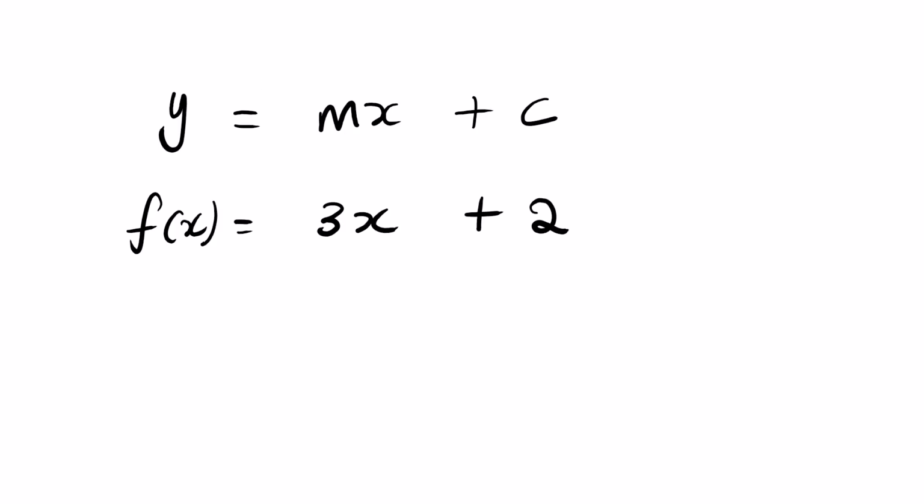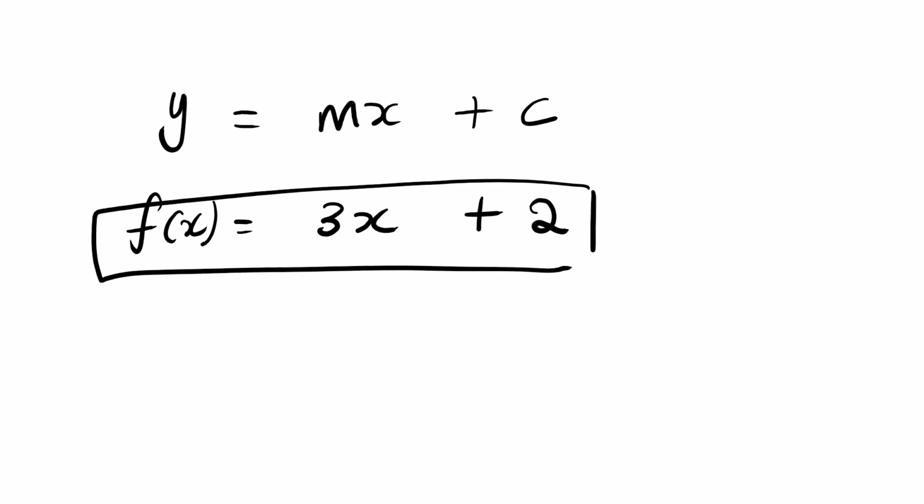Now checking the general equation against this equation, we can see that our gradient in this equation is 3. So the coefficient of x raised to the power 1 is our gradient, and then the number which doesn't have a variable is our constant c, or our y-intercept.